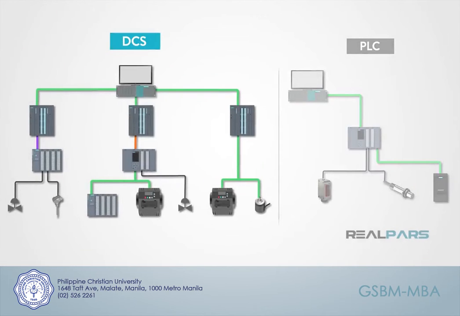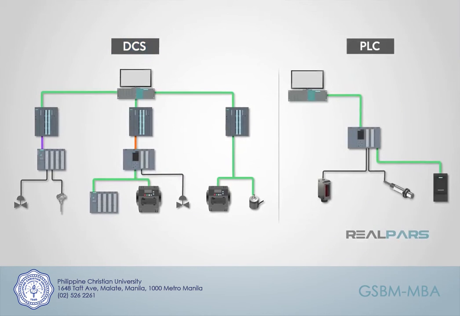A DCS would be better used in an environment where there are large I/O counts, with many continuous processes. A processor failure in one section of the plant is not a problem for production, or risk assessment has determined that an integrated package would be the best option. The line between the two systems is nearly invisible nowadays, and it may not be long before there is no differentiation at all.